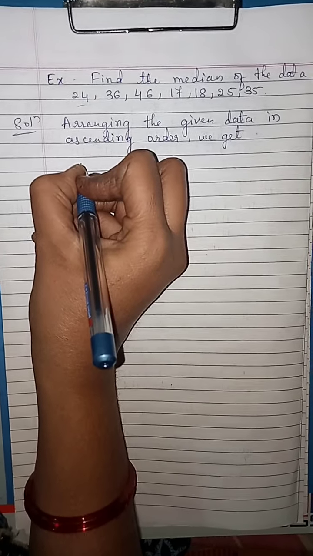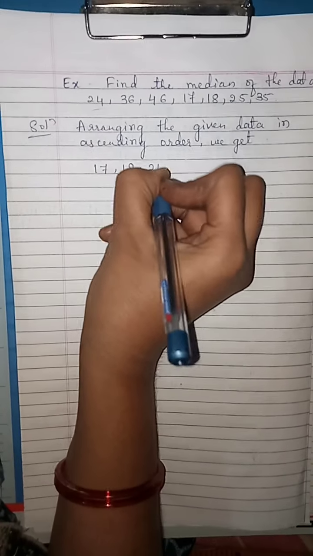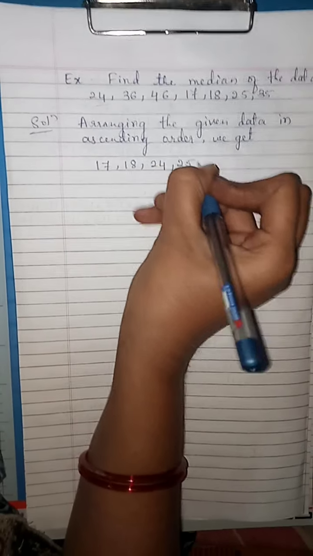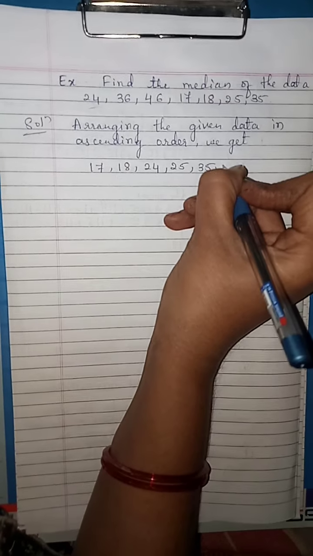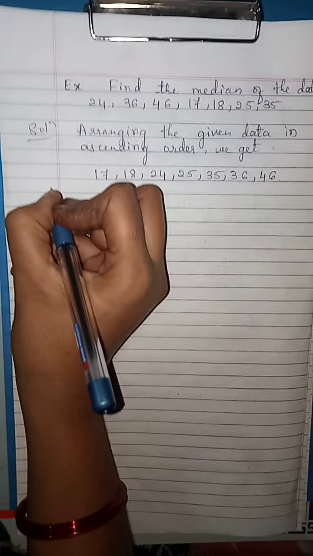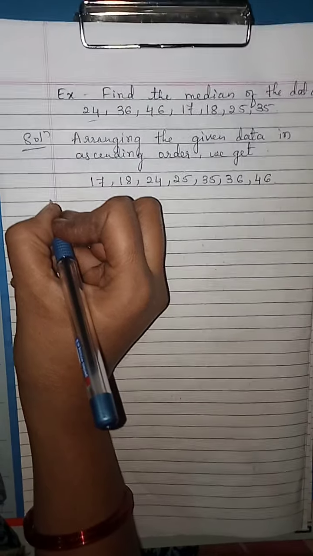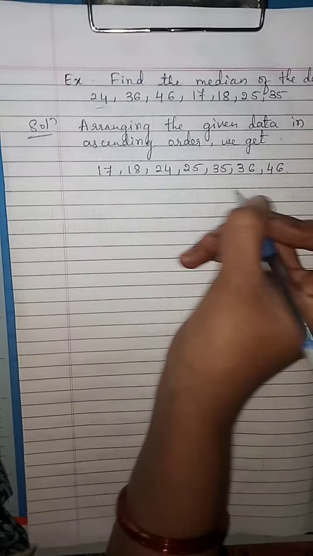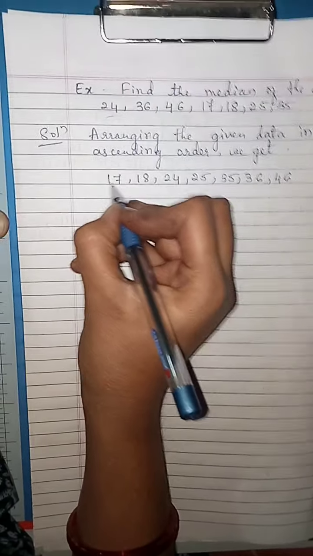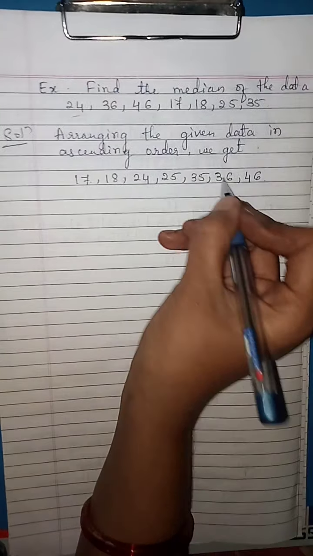Here smallest is 17, next 18, 24, 25, 35, 36 and 46. Now you already know that, children, median means it is the middle observation. See here, children, which is the middle observation. Count here how many observations are there. 1, 2, 3, 4, 5, 6, 7, 8. Total 8 observations are there.